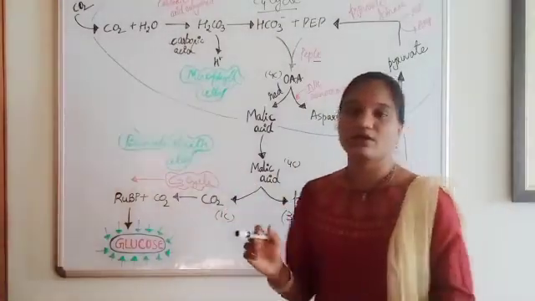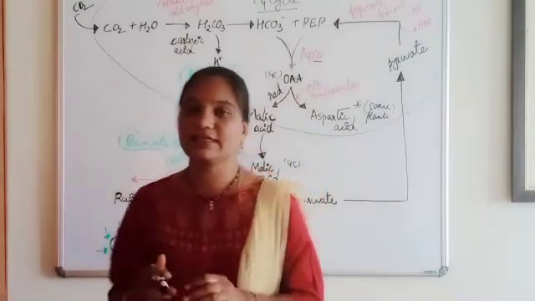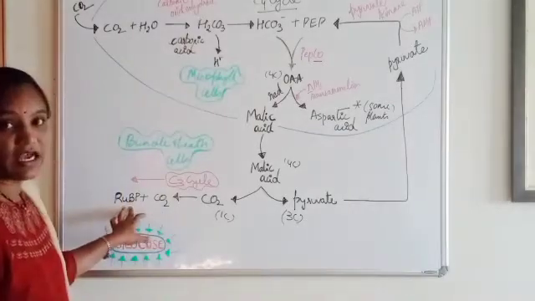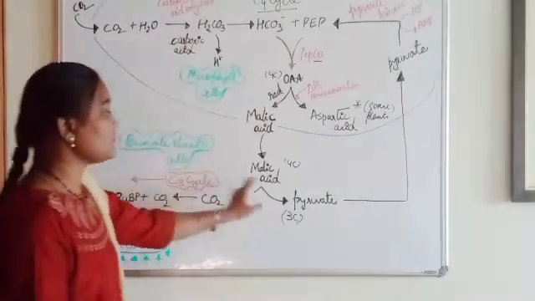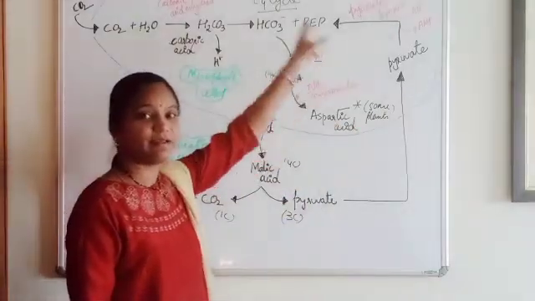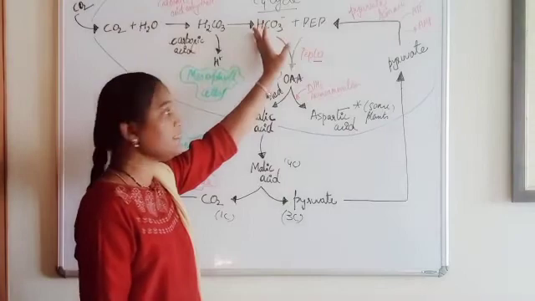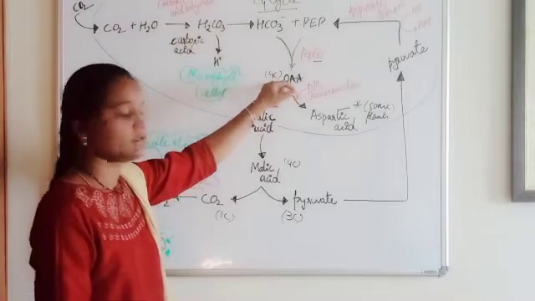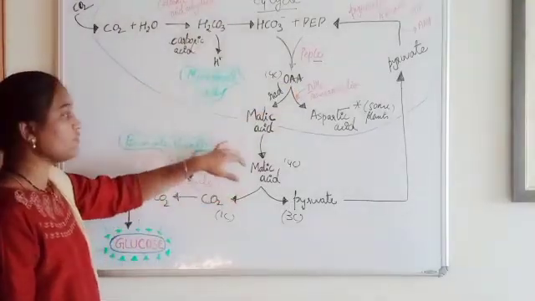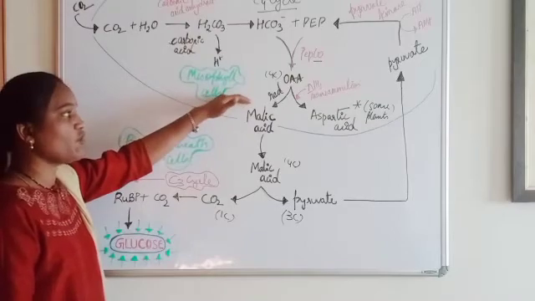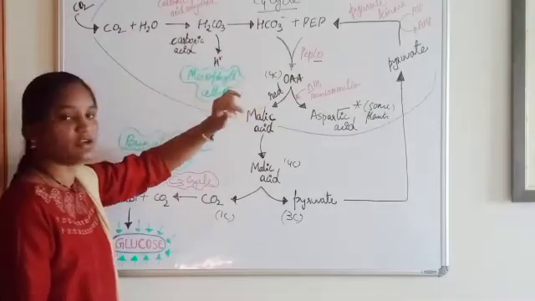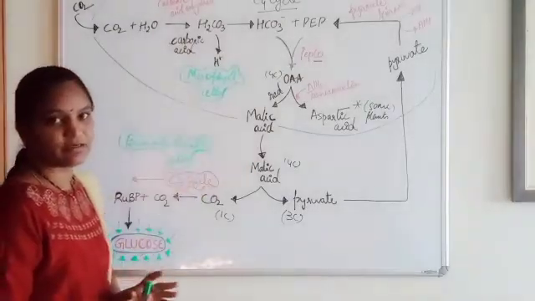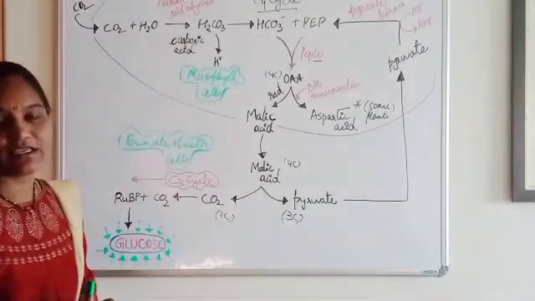This is how C4 plants can fix carbon dioxide with RuBP in bundle sheath cells, as well as recycle pyruvate, which again forms phosphoenol pyruvate, and again the 4 carbon containing compound is formed. So in addition to the C3 cycle, in the C4 cycle, a 4 carbon compound, oxaloacetate, is initially formed, and next it enters the bundle sheath cells in the form of malic acid. So the C4 cycle takes place in two phases.